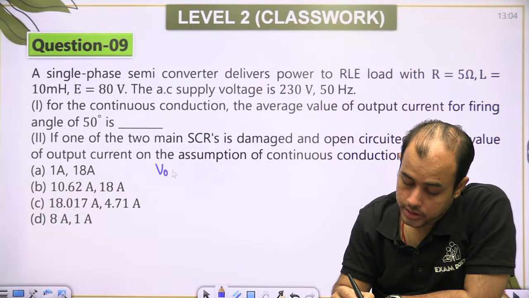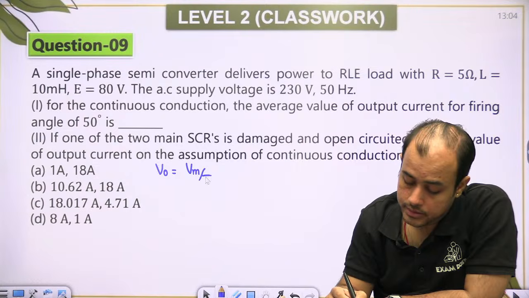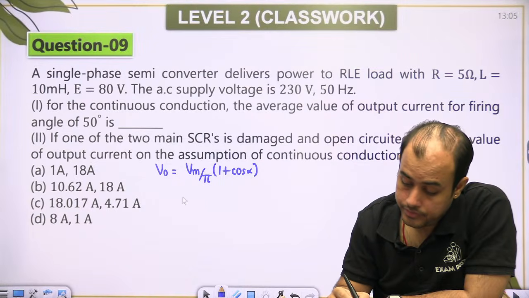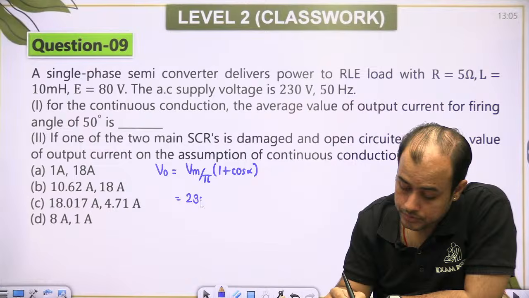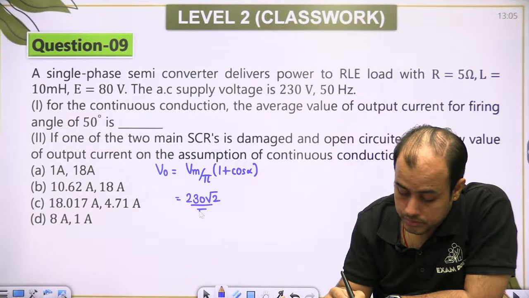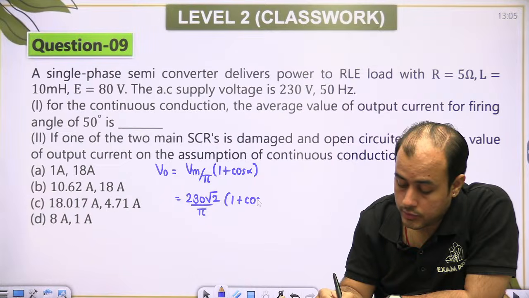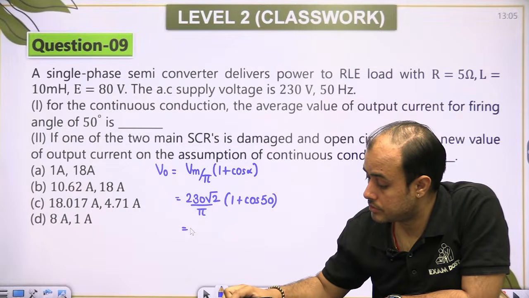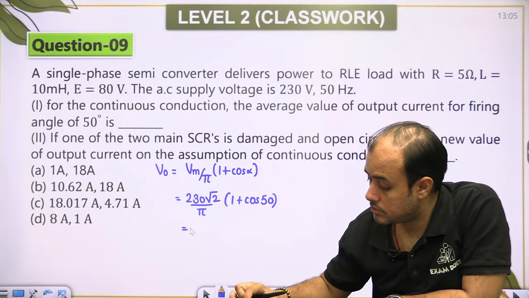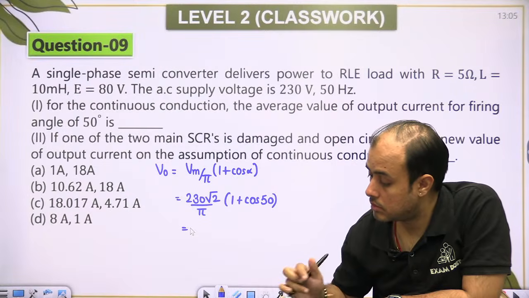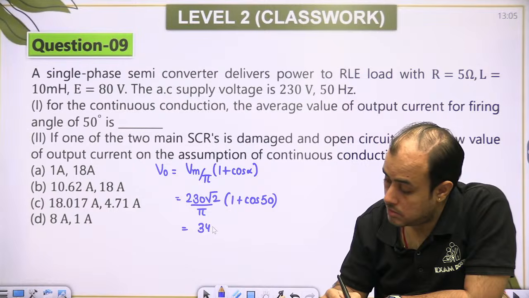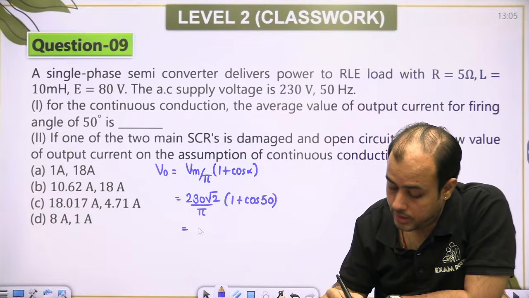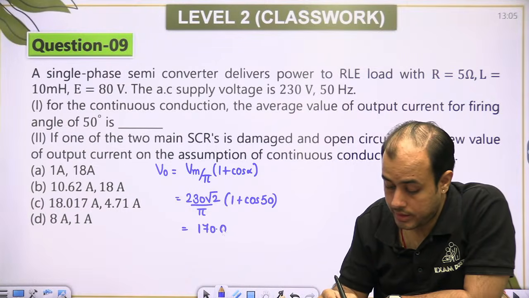तो देखो, for the first part, it is a semi-converter. So this is the average. One plus cos 50. $170.08.